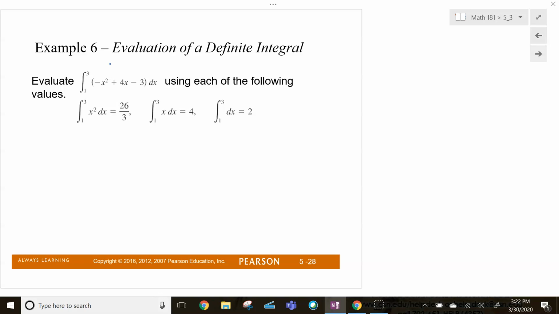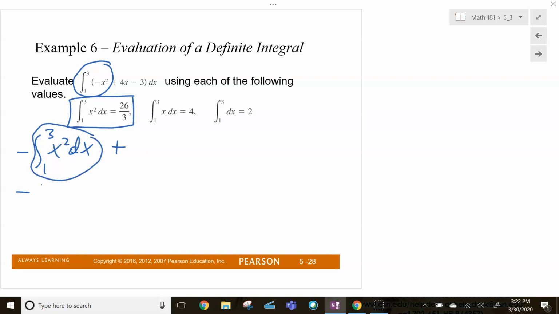So first of all, I'm going to split this up, and I say, well, this is 1 to 3 of -x squared, but I only have what this is equal to, 1 to 3 of positive x squared. So let me put the -1 out front, and then I can make the replacement of this part, which is equivalent to 26/3. They just told us.